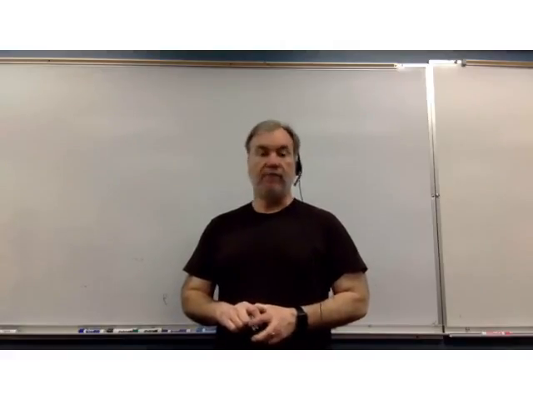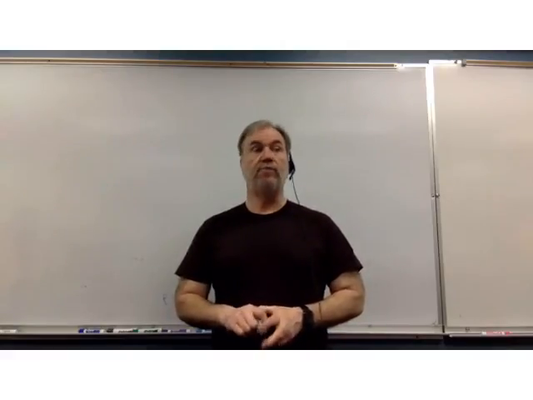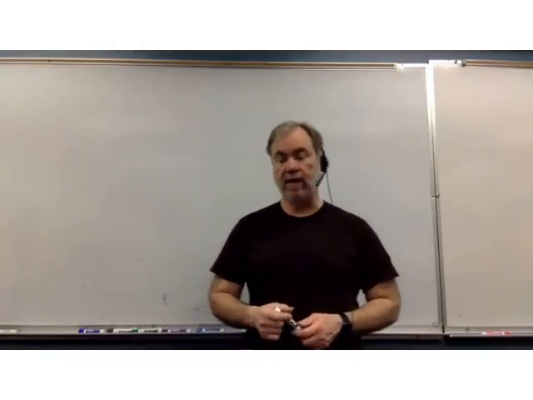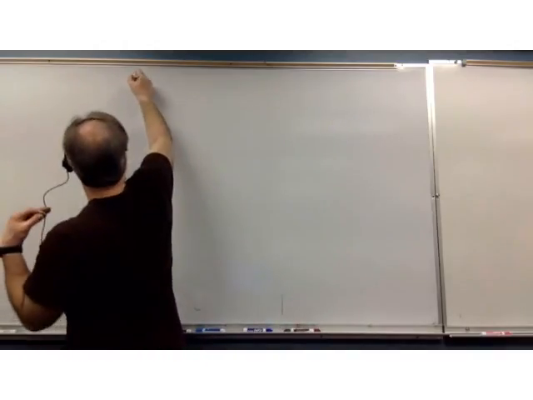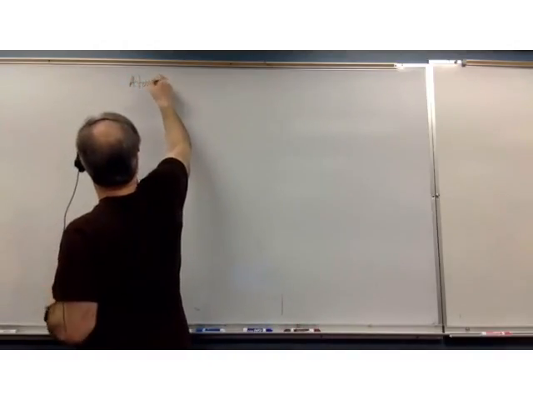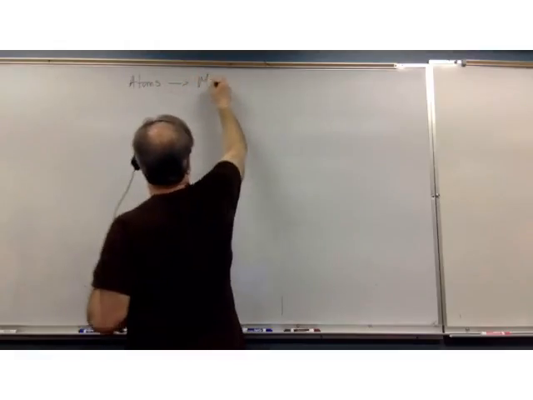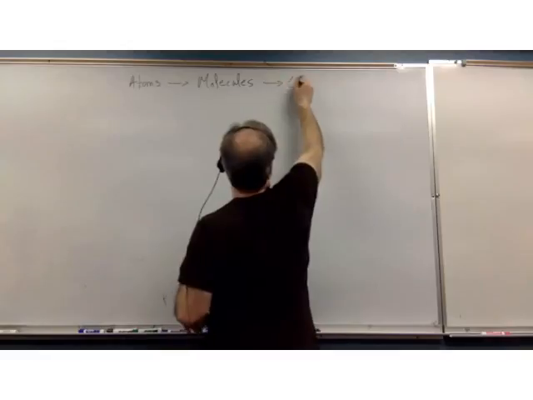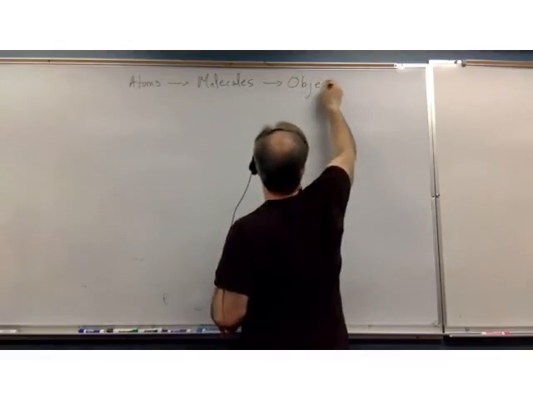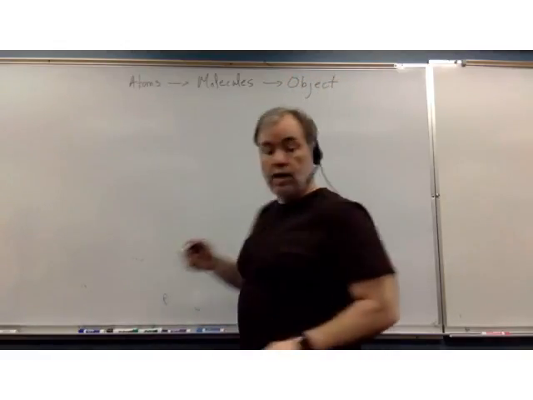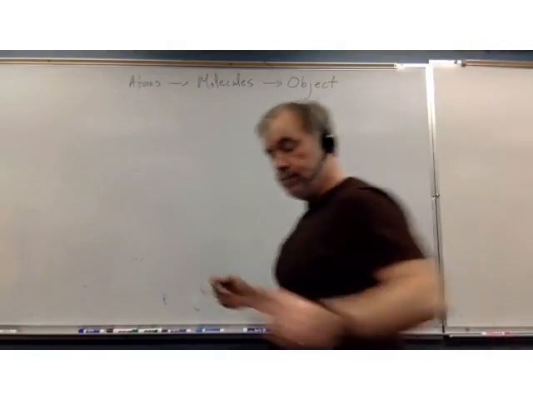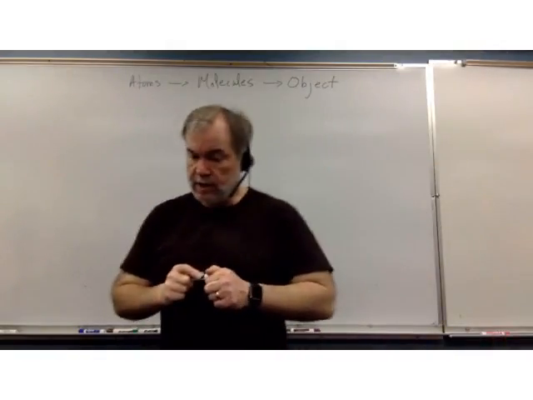And then if we have a big enough collection of molecules, then we call that big collection of molecules an object. So that's kind of the hierarchy there: atoms to usually molecules to objects, and then once we have an object, then we can talk about the forces that we talked about in the first quarter of your physics course.